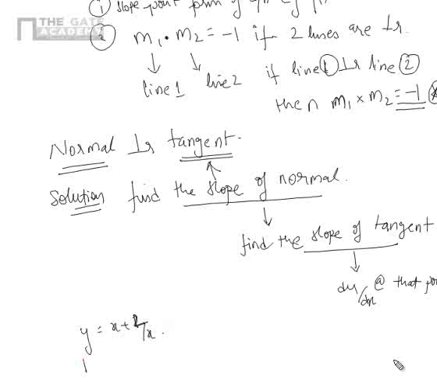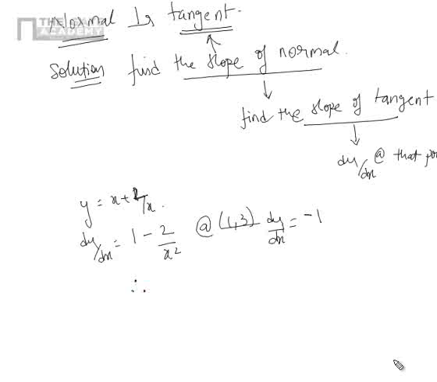So dy by dx will be 1 minus 2 by x square at 1 comma 3. Dy by dx will be equal to minus 1. Therefore, this minus 1 is the slope of tangent.